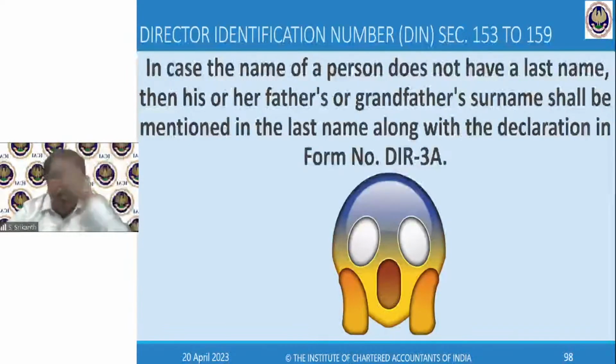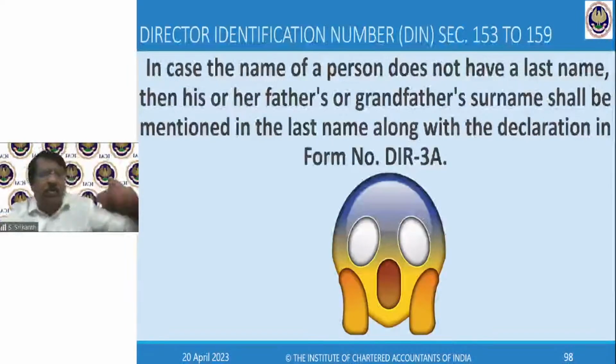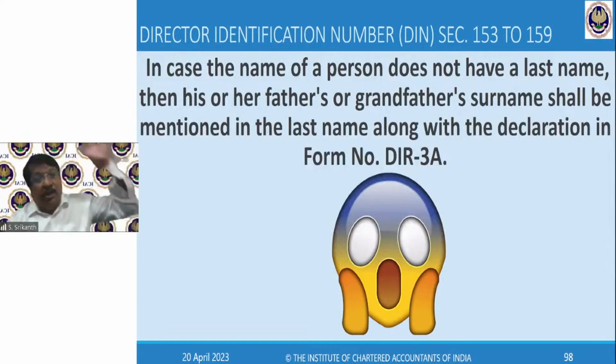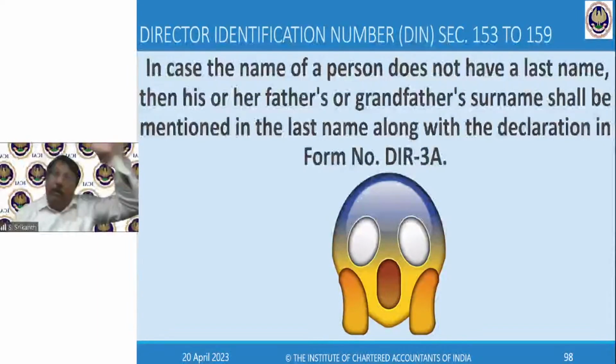We don't have surnames. We have what are known as initials. Invariably the initial is the father's name. For example, my name is Sridharan Srikanth. My father is Sridharan. My name is Srikanth. So S. Srikanth is Sridharan Srikanth. S is my initial, not my surname. I have no surname. What will I do? They're putting father's surname, but father also doesn't have one. His name is P.V. Sridharan, that is Venkatesan. My grandfather's name is Sridharan. P is for native place.